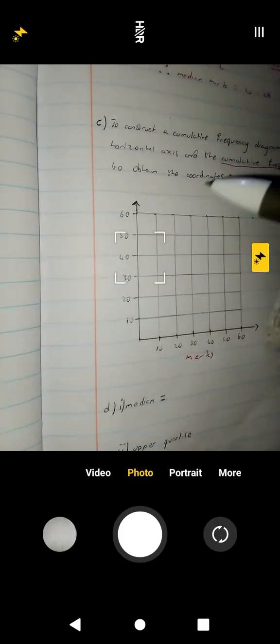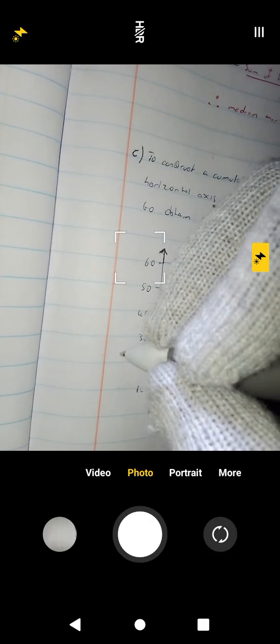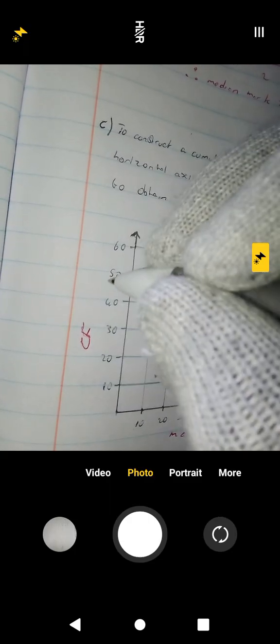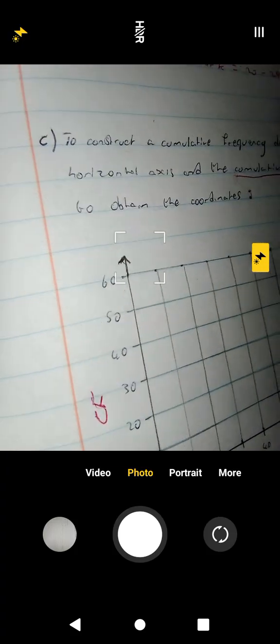We shall label it just CF for cumulative frequency, but you shall write the whole word cumulative frequency.